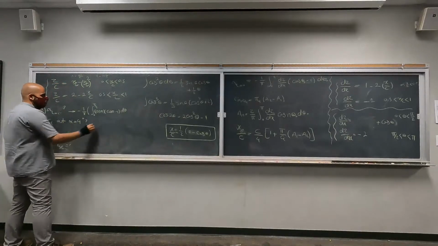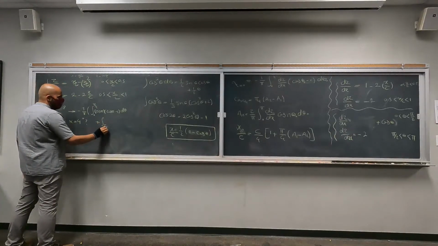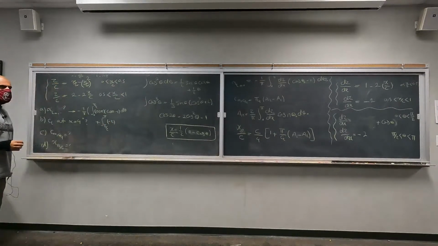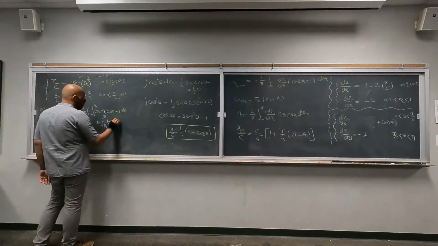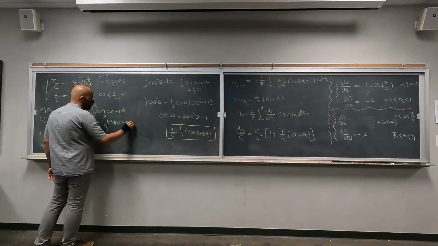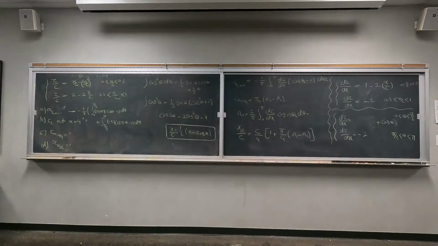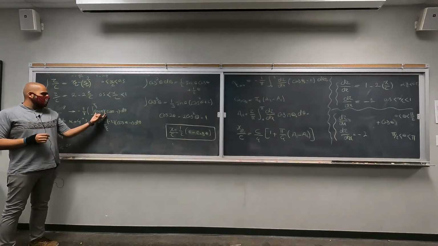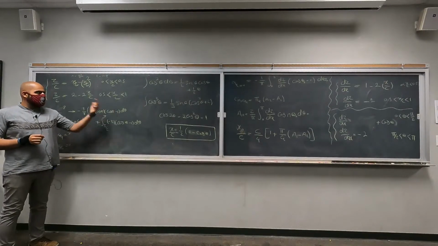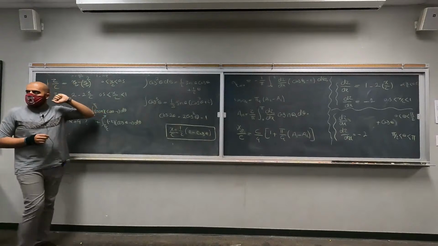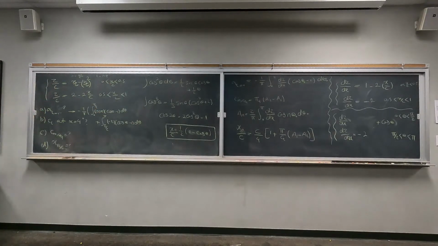That's one integral, plus pi over 2 to pi, negative 2 for dz dx, cosine of theta minus 1 d theta. Is this clear? Okay. And then we have cosine squared minus cosine of theta. The integral of cosine squared is this. And what is the integral of cosine of theta? Sine of theta.